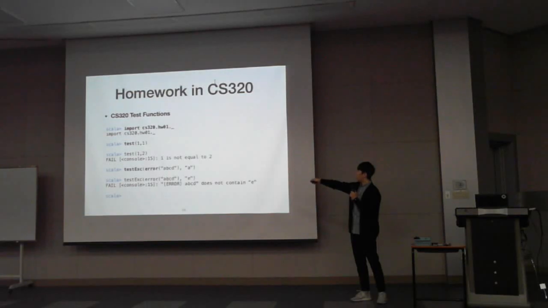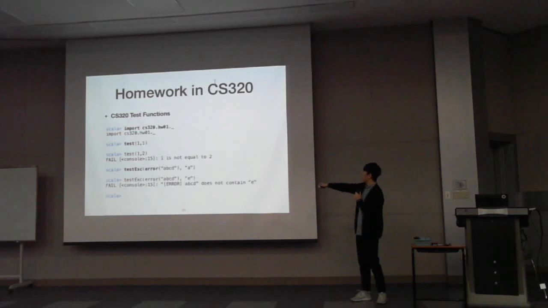If they are equal, it does not show anything, but if they have different values, it shows the error message, the file name, the code line, and the values of the two parameters.